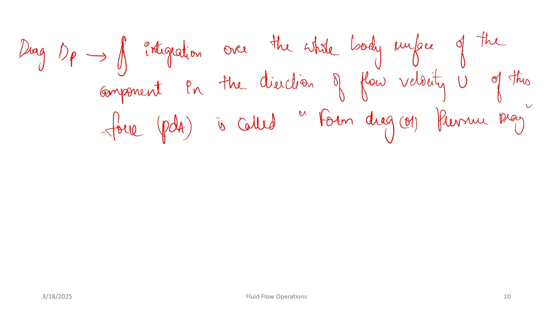Okay. And we also have one more force, dF, which is because of the frictional force. This is a similar integration of tau into dA, and it is called friction drag. So we have to integrate over the entire body.